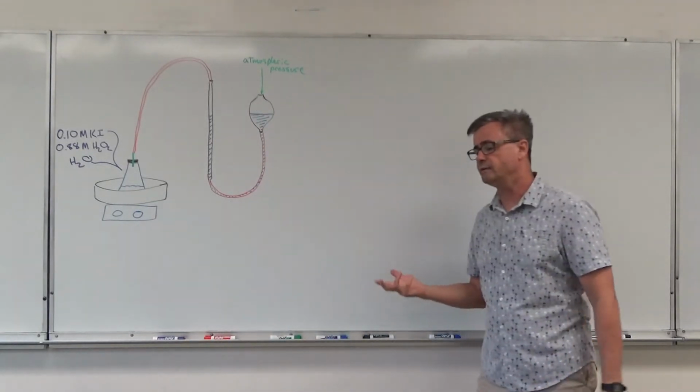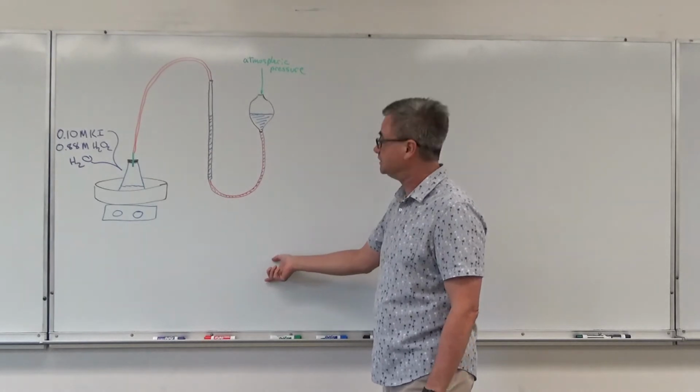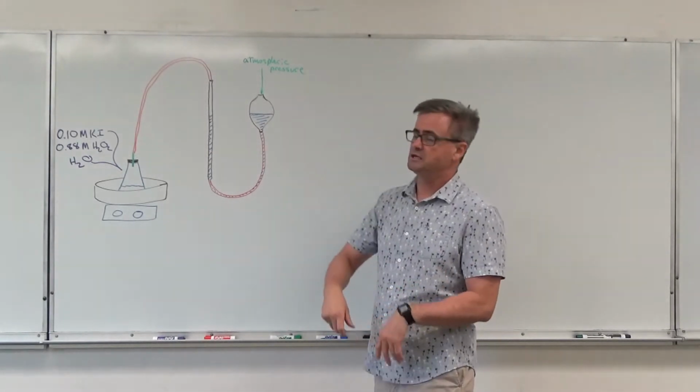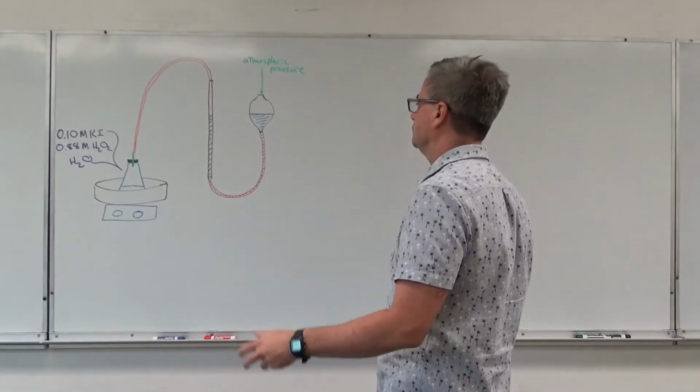We won't describe the rate specifically with the concentration of oxygen, because it's not in solution. It's bubbling out into the air, and so it isn't very convenient for describing the rate.